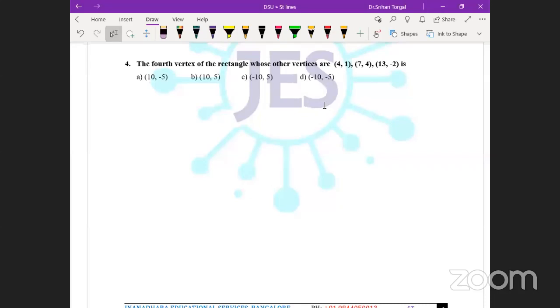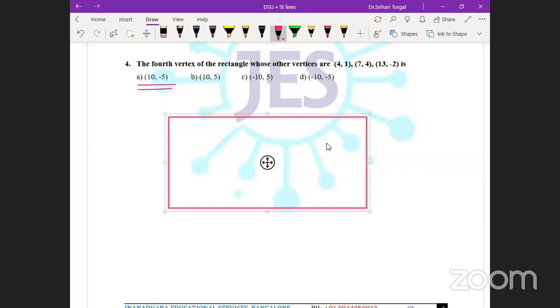Yes, Harsha is telling that option A is the answer. Okay. I'll tell you how to calculate the fourth vertex of a rectangle. Yeah, if this is a rectangle, 4, 1, 7, 4, 13, minus 2, these are the 3 points.